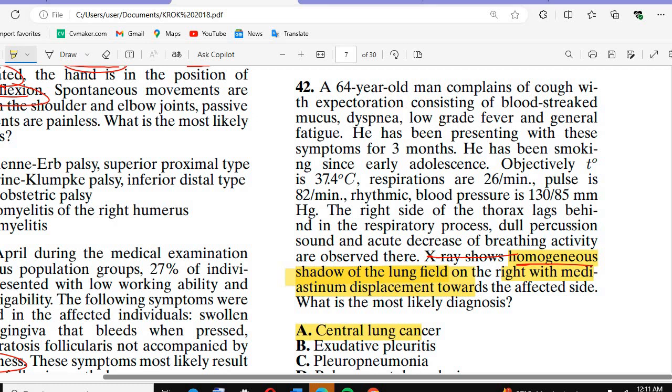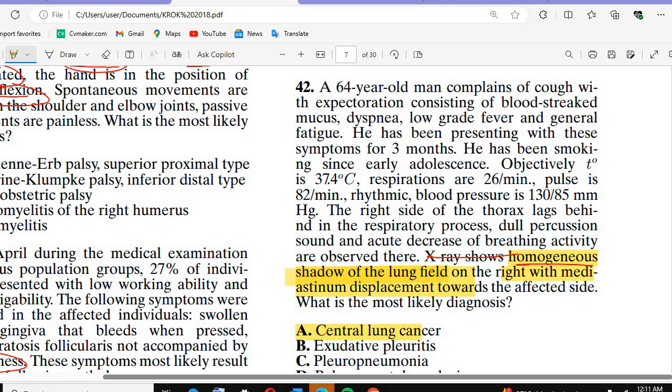In the question, if they have mentioned peripheral things like the bronchi or the air space being involved, they are talking about the periphery. But if nothing is mentioned about the bronchi or the air space, then always go for central lung cancer.